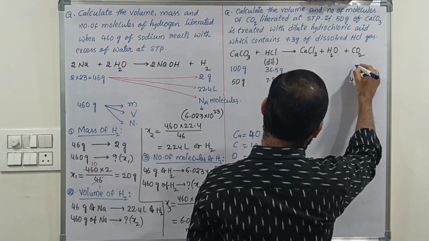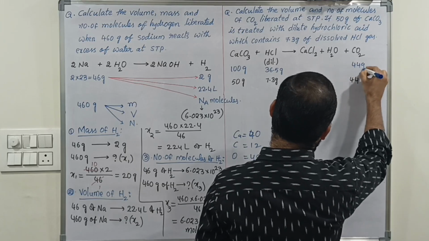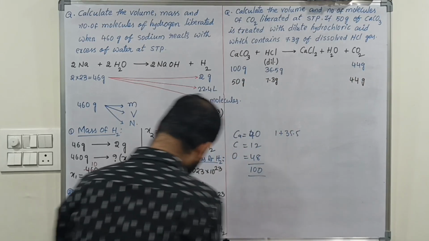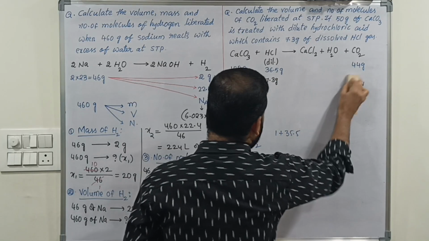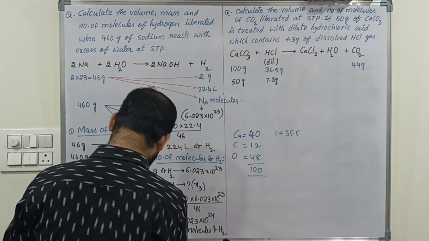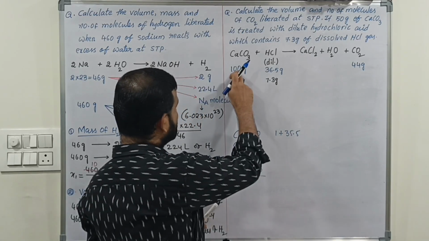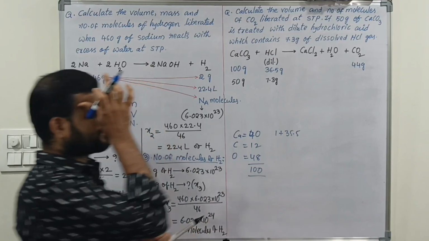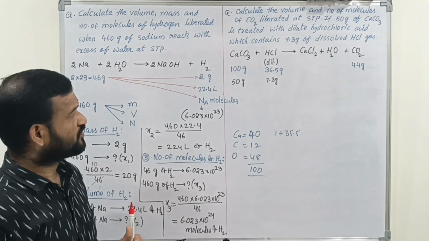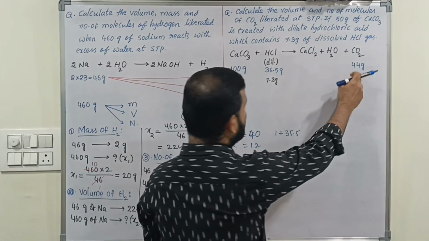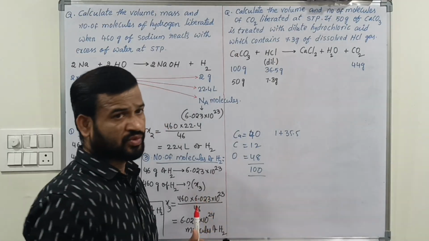Then 44 grams of CO2 will be found. So 100 grams of calcium carbonate reacts with 36.5 grams of HCl to form 44 grams of CO2.